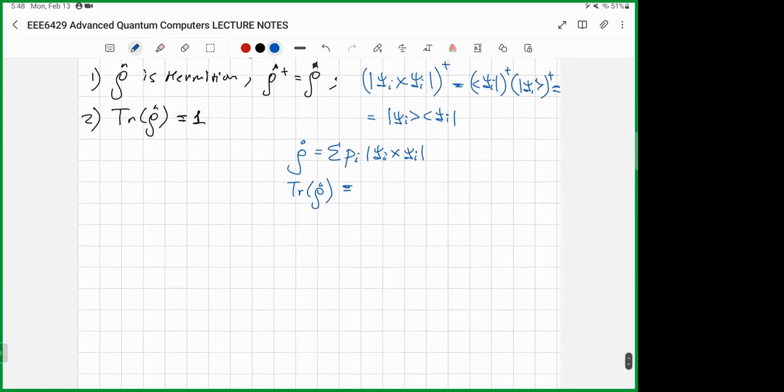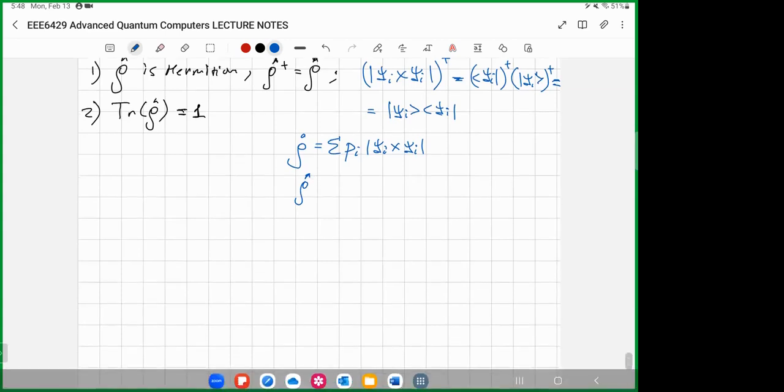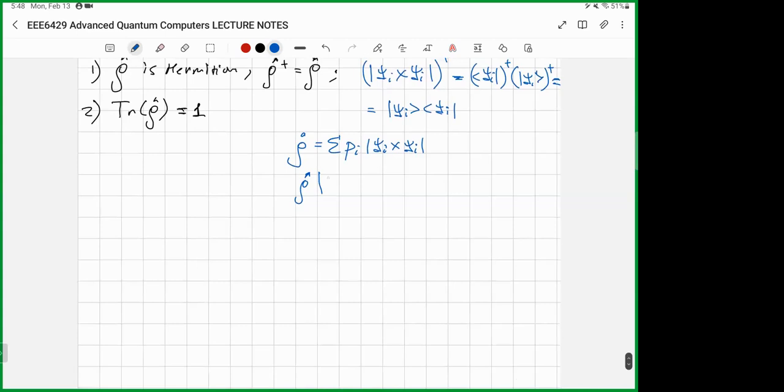Let me write this step by step. To transform any operator to the matrix representation, I have to multiply from the left and right by the states, right? For example, <psi_m| on this side and |psi_n> on this side.